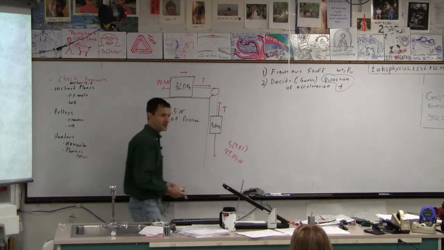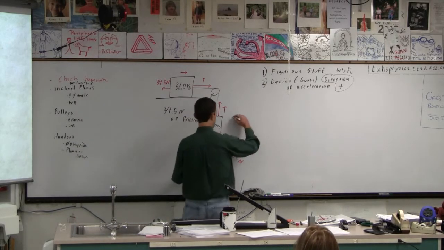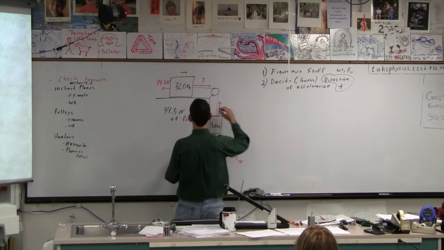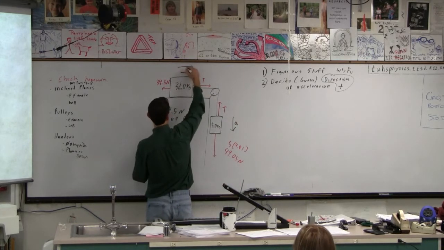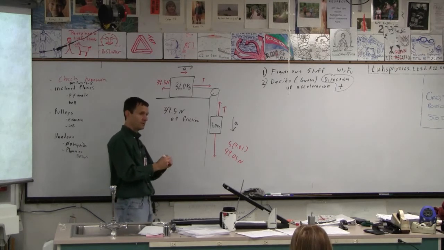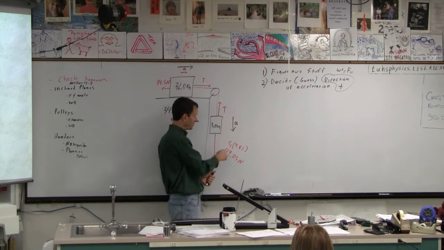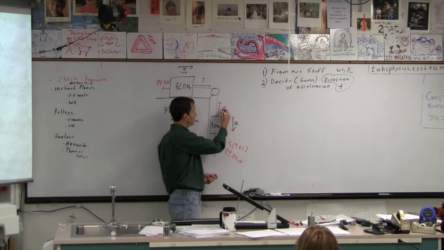So which way is this going to accelerate? I think we know. This block is going to accelerate this way, and this one is going to accelerate this way. If down is positive, we're going to make this one positive and this one negative.